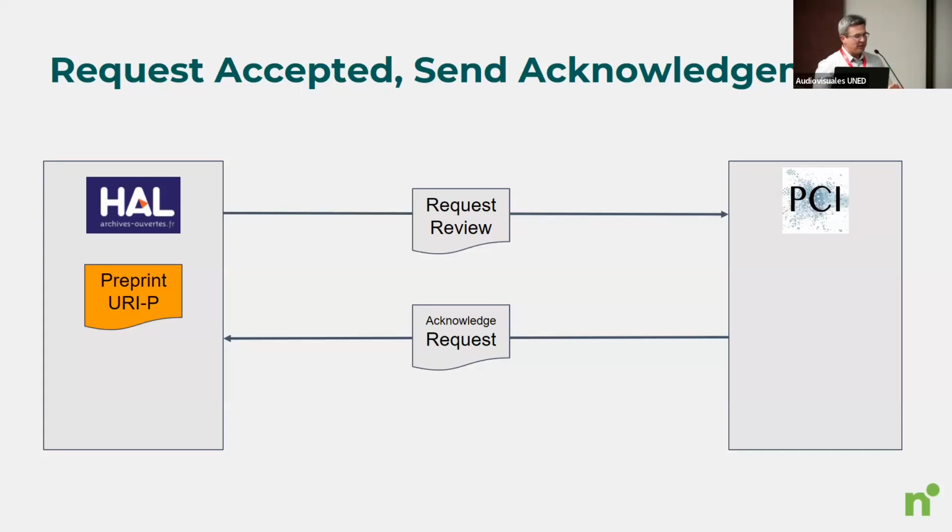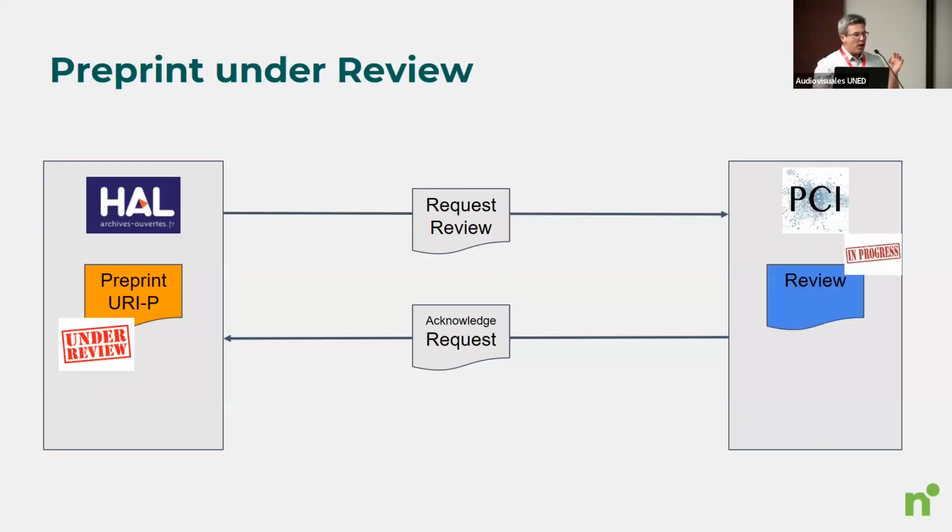So now, as you can imagine, you're already in the situation that you can provide additional information on both sides of the equation, right? So the HAL repository can maybe update the landing page, if you will, and state this manuscript that you're currently looking at is under review. The review is ongoing at PCI, right? Because that connection has already been made.